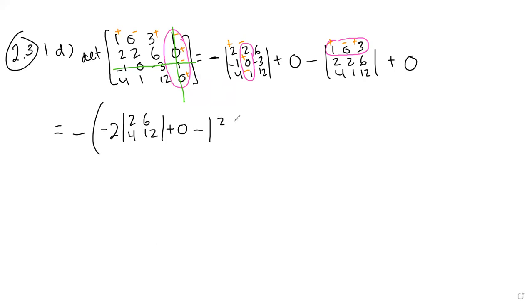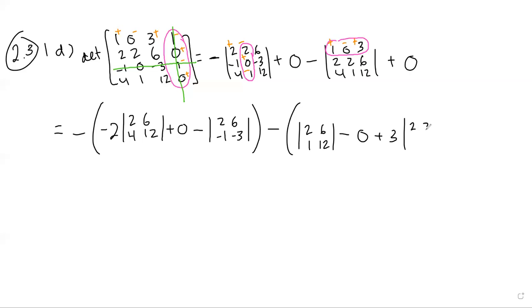It should be 2, 6, and -1 and -3. Yeah, and plus 0, I'm not going to write that again. And now I'm going to do the bracket for the other 3x3. So again, it'll be 1 times what's left when I get rid of the first column and first row, 2, 6, and 1, 12, minus 0, and then plus 3 times, get rid of the top row, rightmost column. So I'll have 2, 2, and 4, 1.